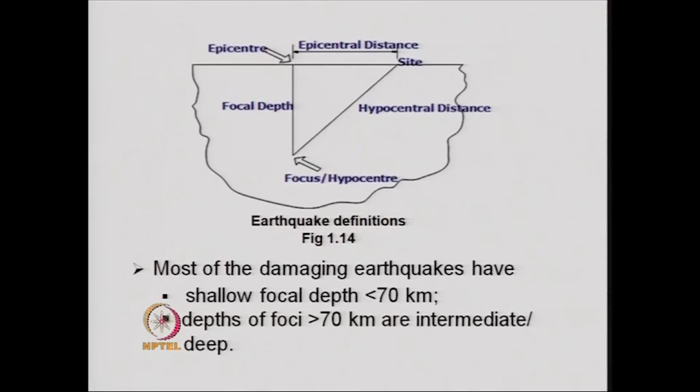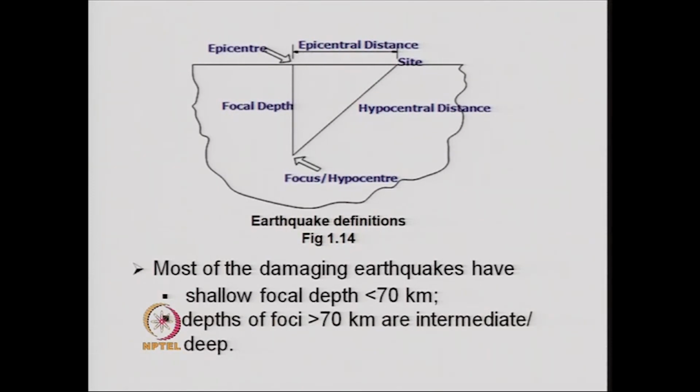The figure here shows the different terminologies, rather important terminologies which are used in the earthquake literature. The region which is mostly affected by the earthquake inside the earth is known as the focal region.